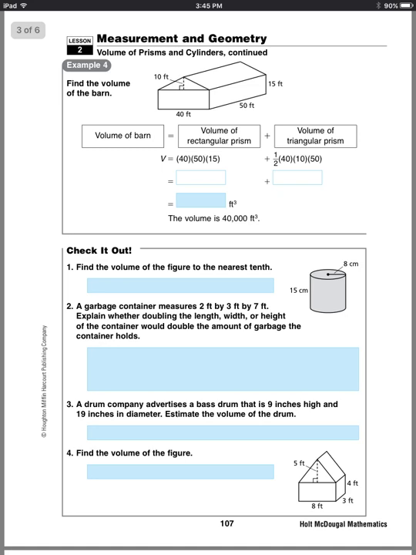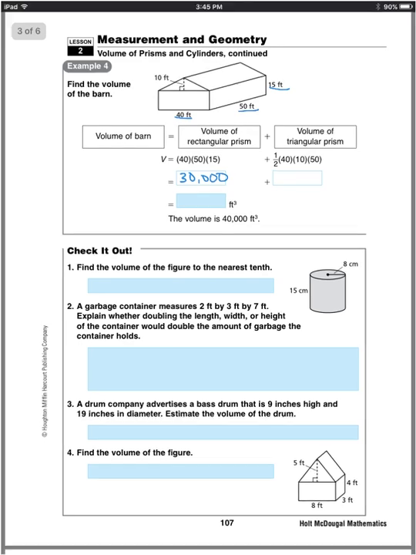Now we have a barn, which means we have 2 figures that we have to find the volume of and then add them together. So we have to find the volume of the prism, 40 length, 50 width, 15 height. They put those right in order, and when you multiply those you get 30,000. Okay, then we need to find the volume of the triangular prism.